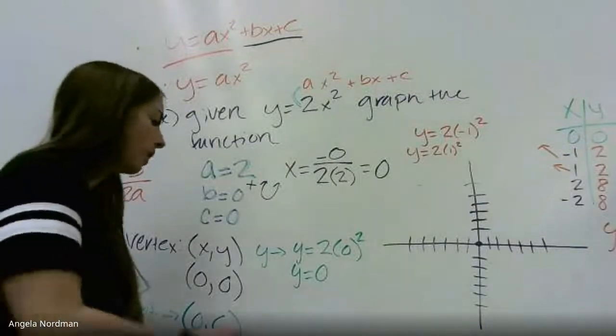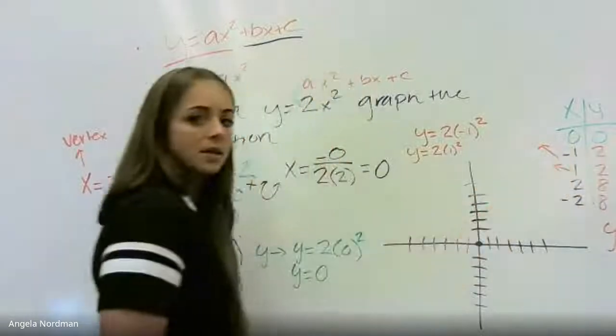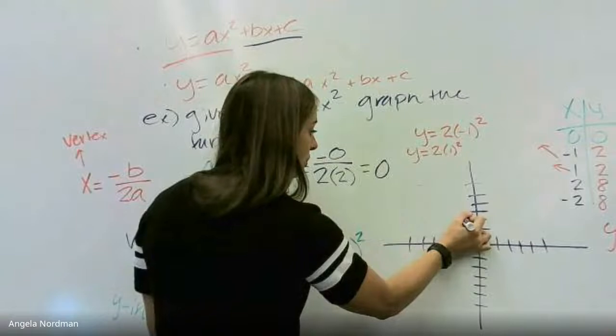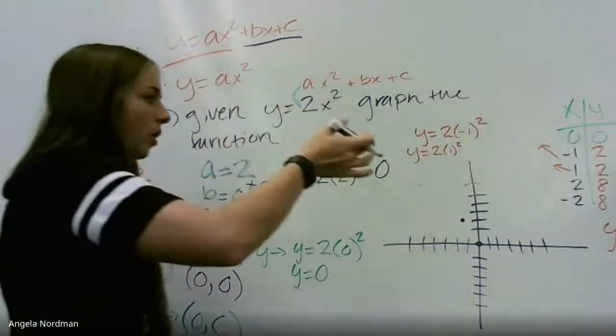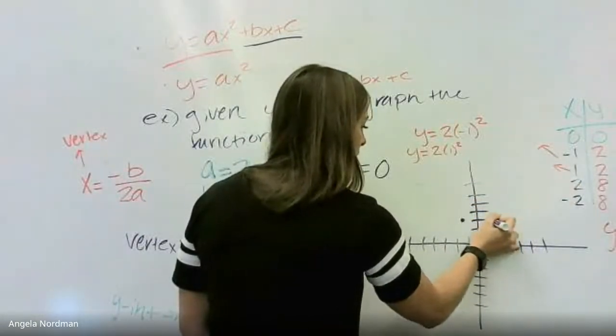I'm going to continue my graph by plotting these points. -1, 2 is my next coordinate point. So I go over -1 up 2, okay? Then I'm going to go with my other one, +1, 2. So over 1 up 2.